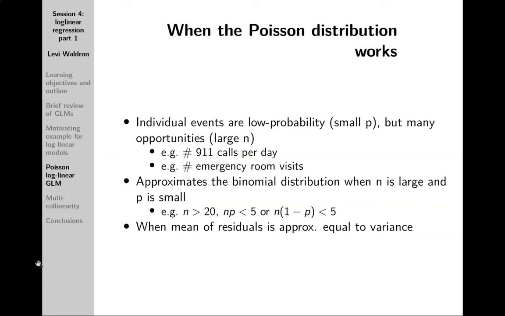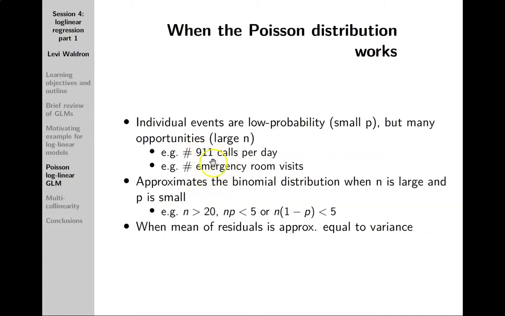And I'll add to that the other requirement for it to work is that these events are independent of each other. So if you have on some days many households calling 911 but all for the same reason, that's not a Poisson distribution. It's where all of those individual events are independent.